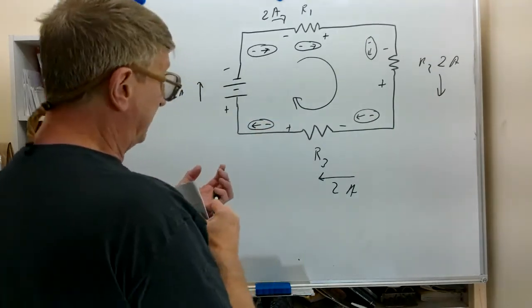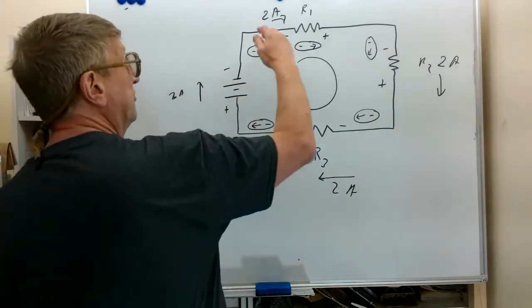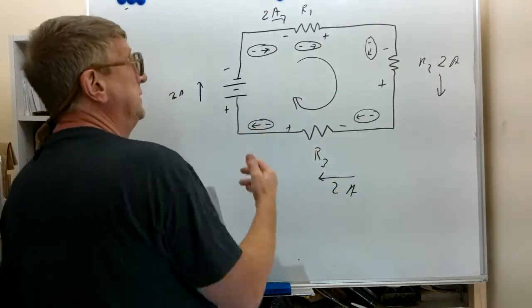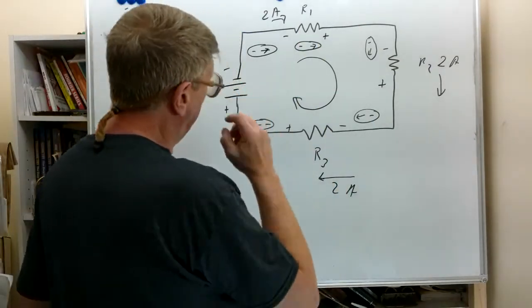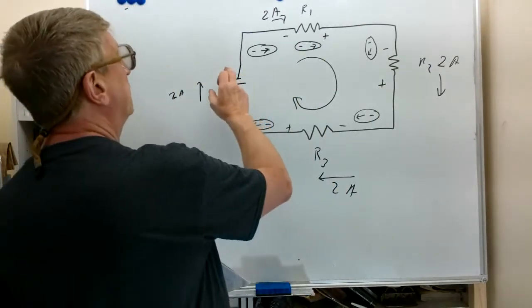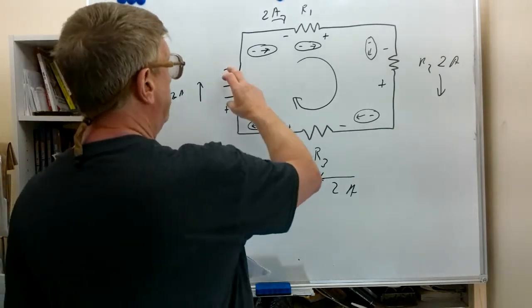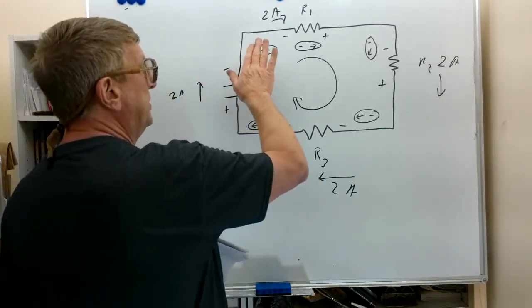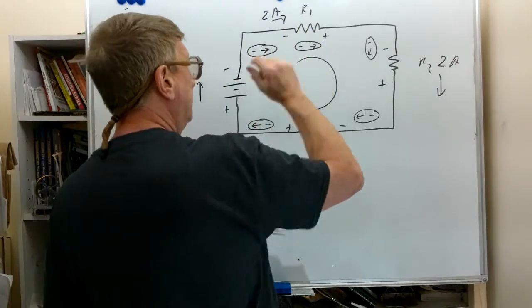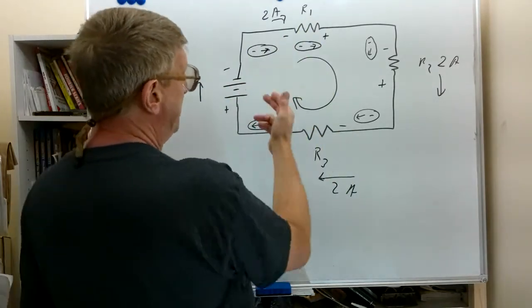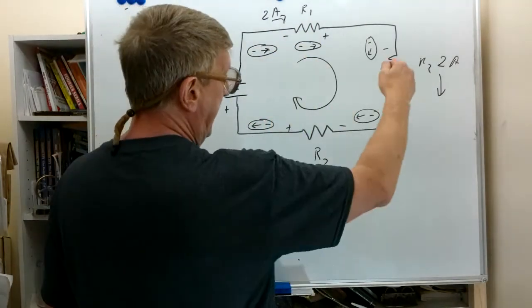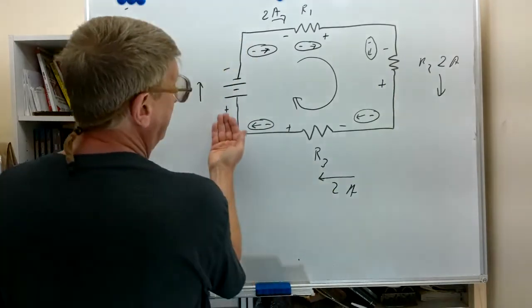Now you can notice these electrons are traveling in the same direction all the way around this loop or series circuit. That is because the potential difference created by the battery is causing electrons to be repelled from the negative supply, and it's being attracted by the positive charge.